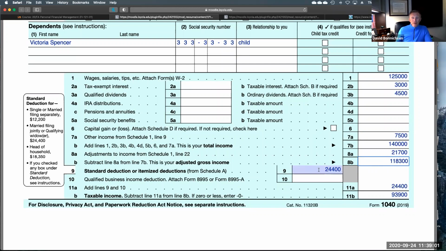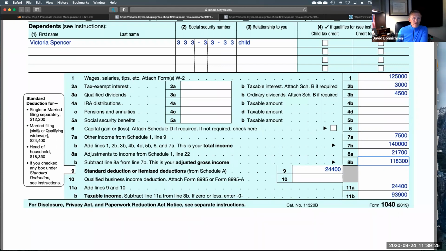Now, line 9, here we go. Standard deduction or itemized deduction. We're going to do the standard. So we look over here at this flyout and we look for their filing status. Single or married filing separately? Nope, that's not them because they're married filing jointly. And then here we go, married filing jointly or qualified widow, widower.